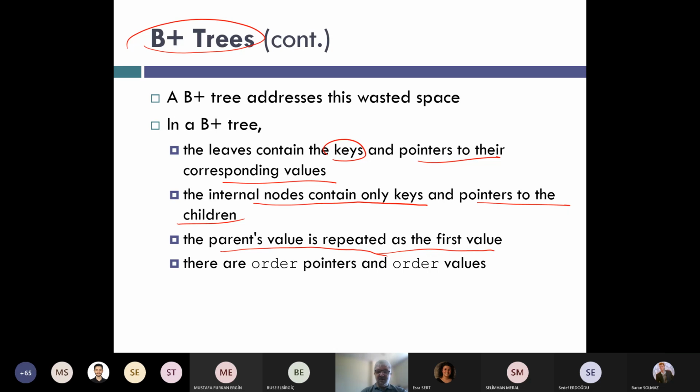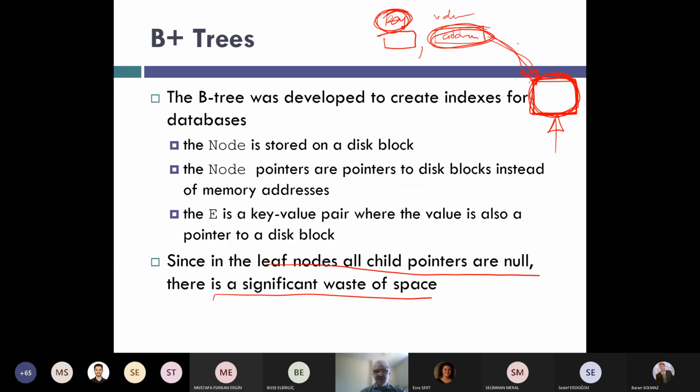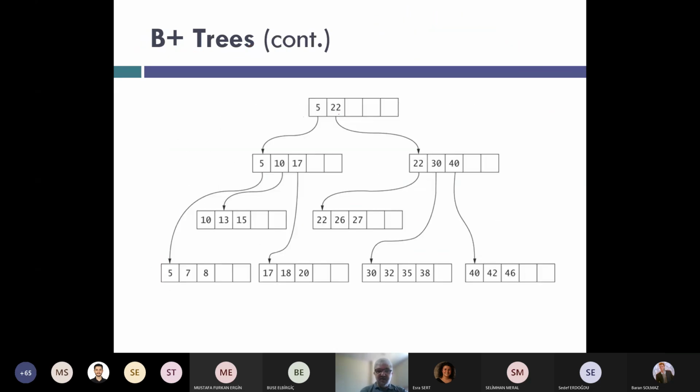The number of keys and number of child pointers for a node is the same. Remember, the order is the number of children, and the number of values, the number of keys, the number of data elements is one less in B tree. In B plus tree, the number of children and number of values are the same.